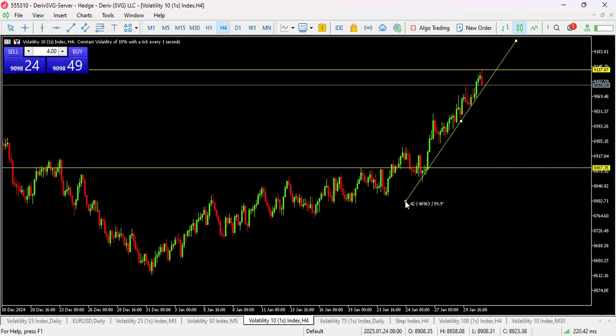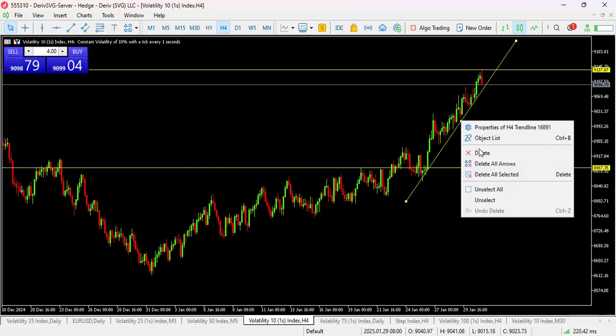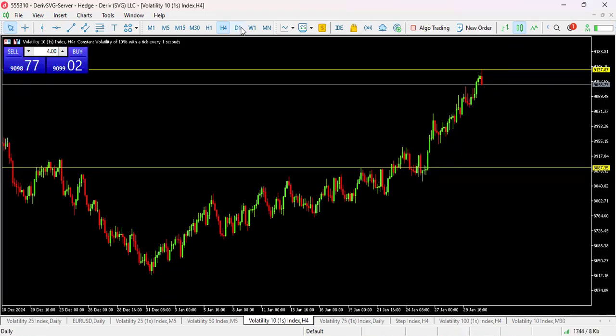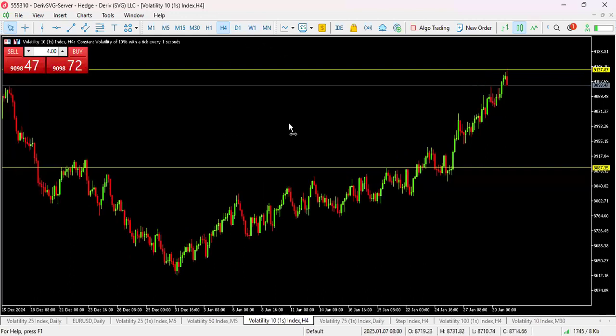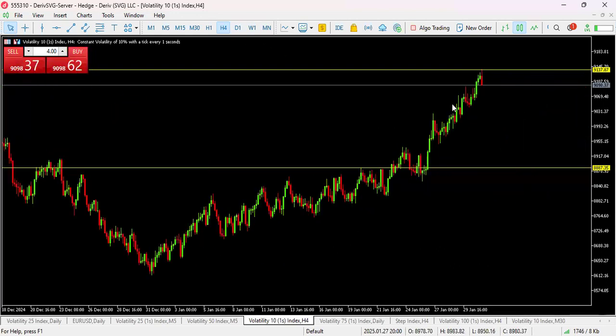If price wants to go down, price may likely break through this particular trend line and retest. But at least you have seen that the market is on a zone and you don't want to place any trade. Like now, if you don't see a clear zone like this, you don't want to trade here, even if price is going like this, except you have a trend line.